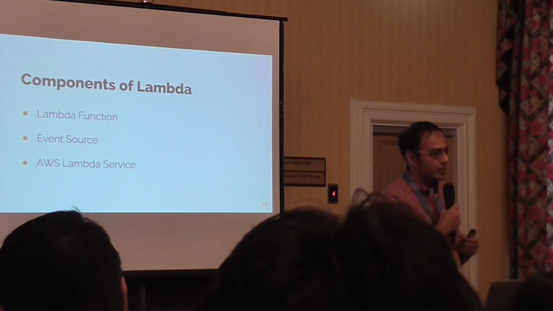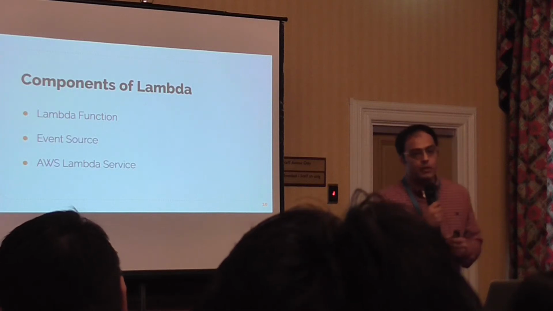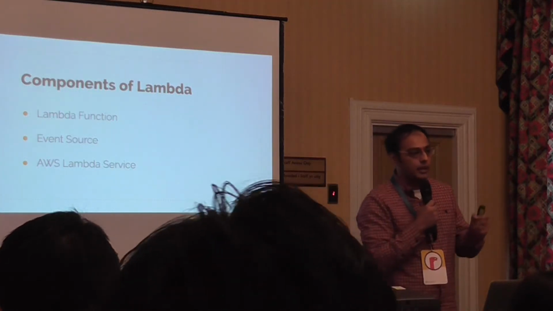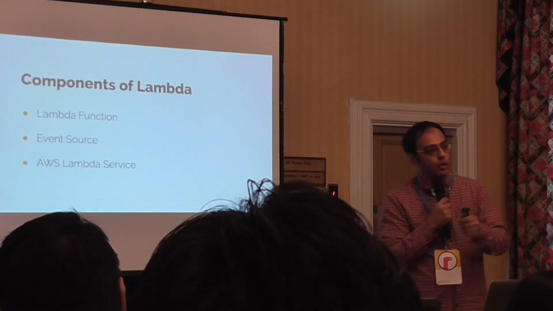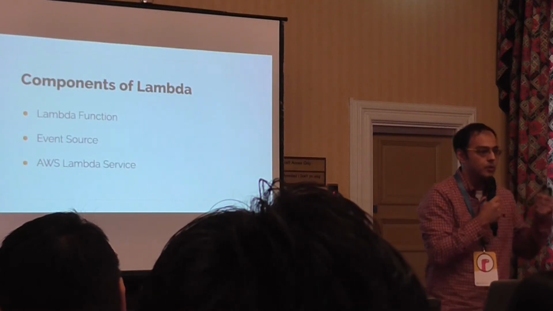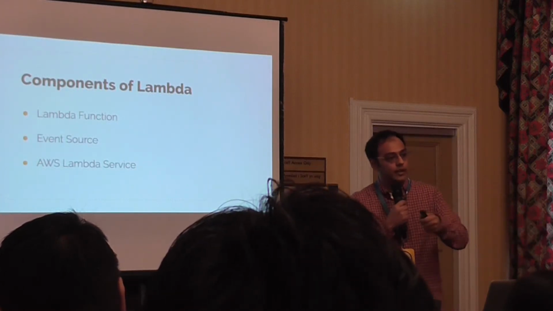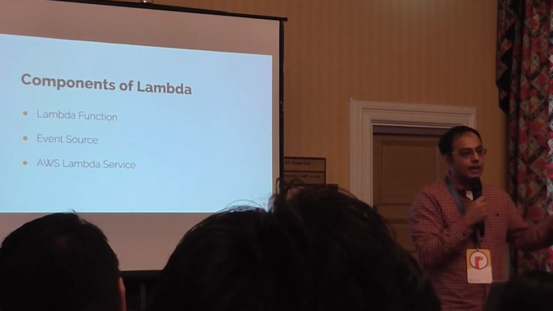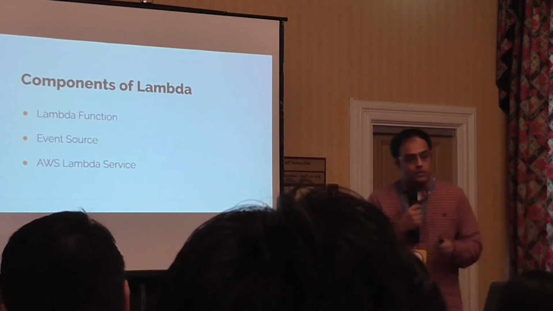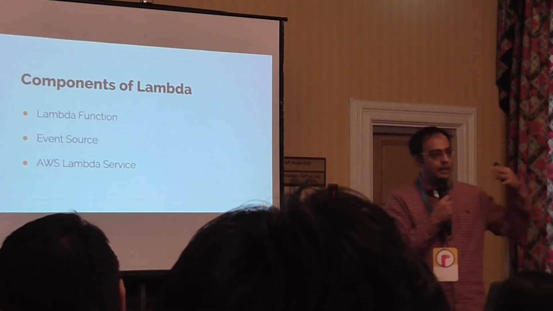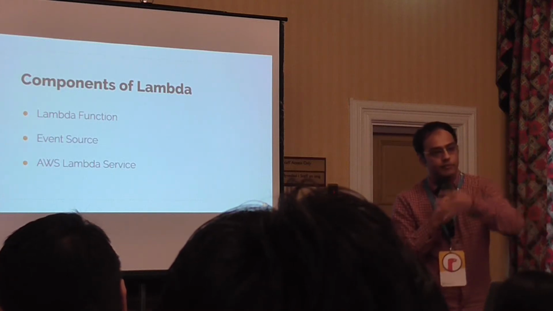The second thing we want to talk about is the event source. I talked about efficiency, and the cool thing about functions as a service is that your function is not running all the time. It only runs when it needs to be run. That means when it's not running, it's somewhere on the disk, and when it's needed, it's brought up into memory and then executed. So in order to run that, you need an event source that will trigger the function.